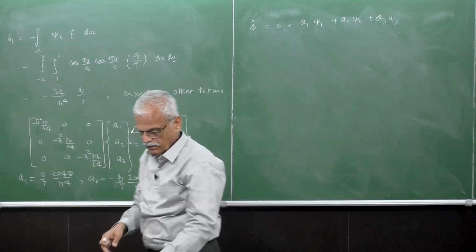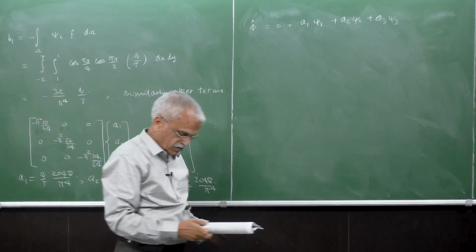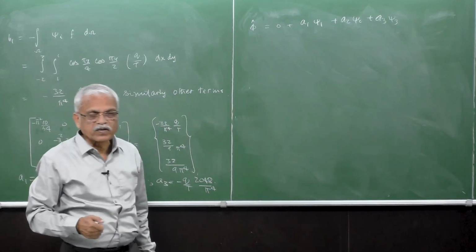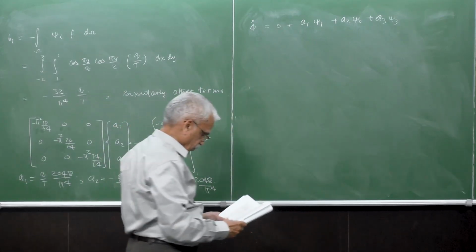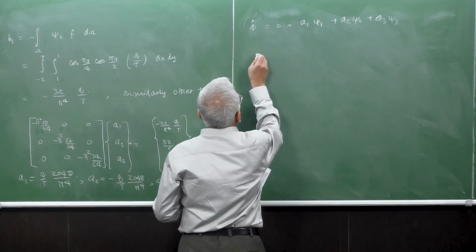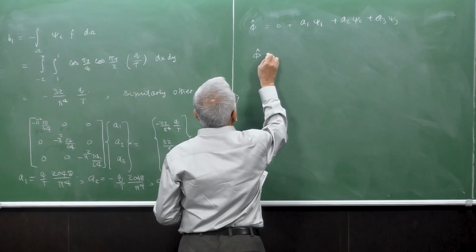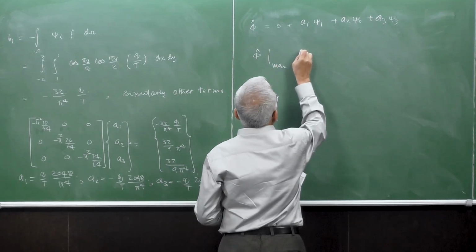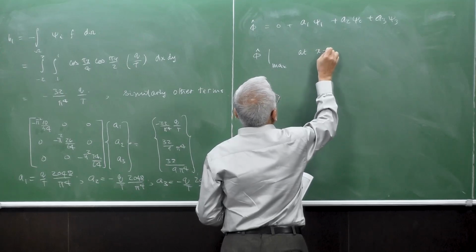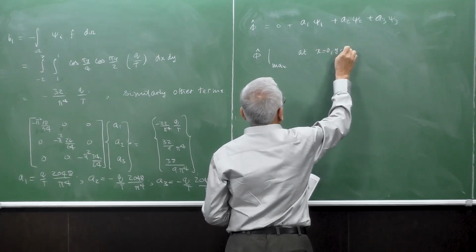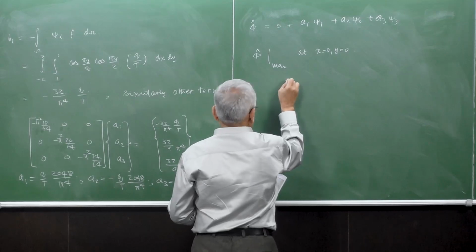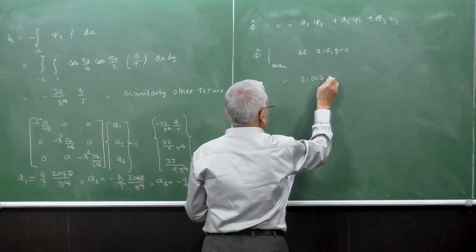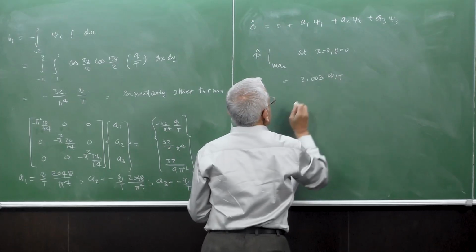So finally, just as a matter of interest, this corresponds to a membrane problem. The maximum phi hat occurs at x equal to 0, y equal to 0, and that turns out to be 2.003 2 by t.